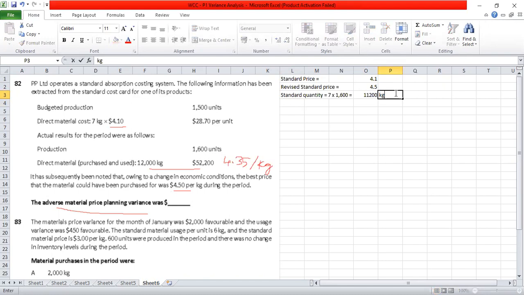So the variance then will apply for all 11,200 kgs of standard material, right?